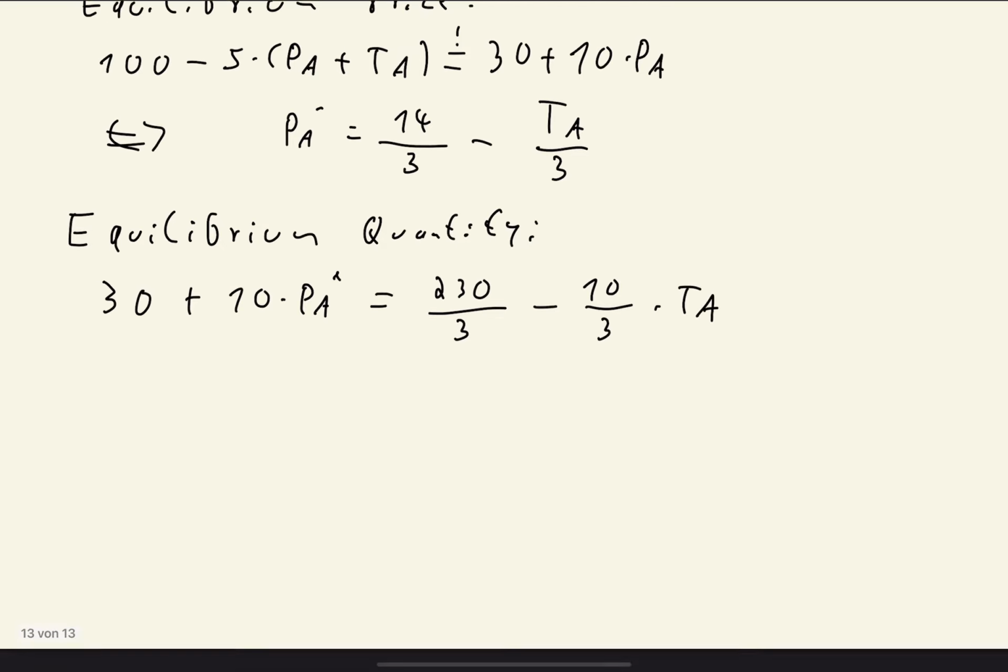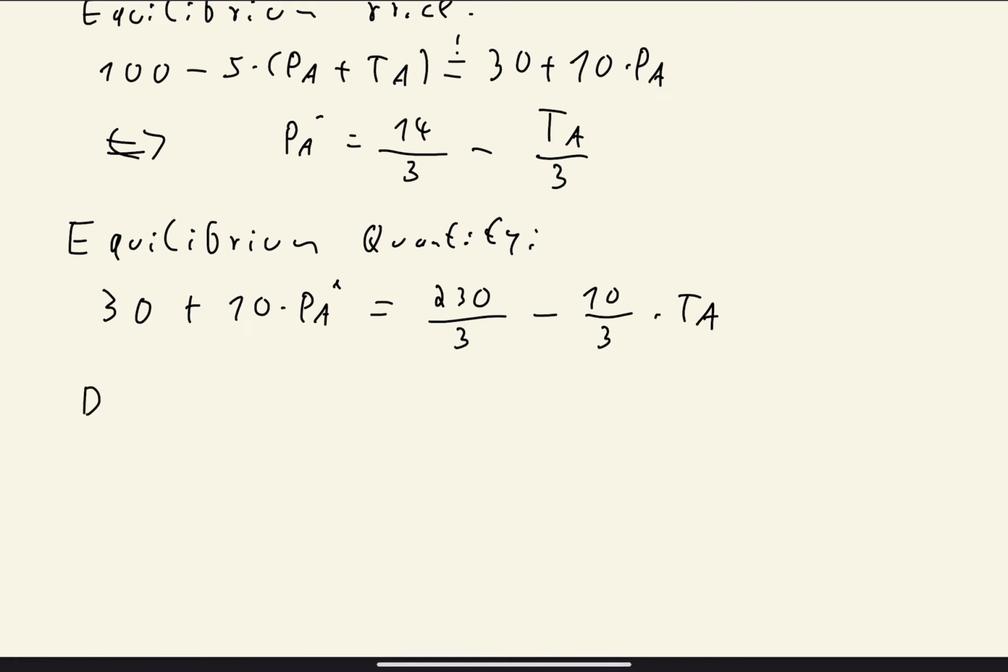Now we first calculate the deadweight loss for the tax on apples. The formula for this is 1/2 times the tax on apples times the change in the quantity which is traded on the market when we consider taxes. And this is simply 10 divided by 3 times TA.